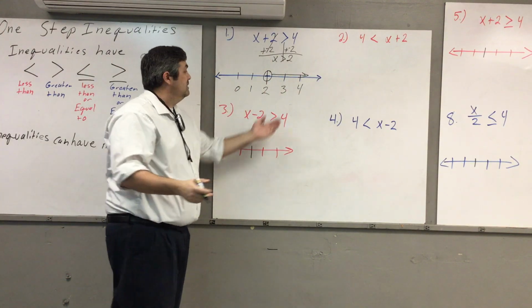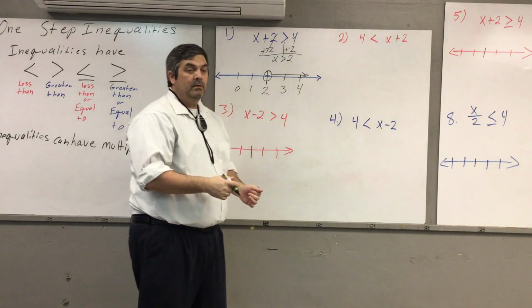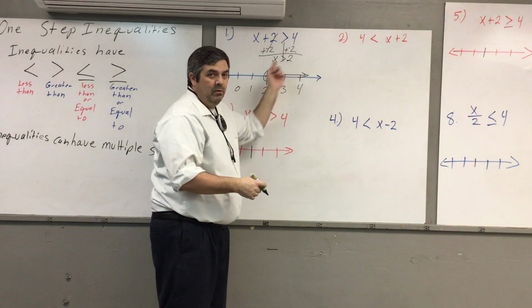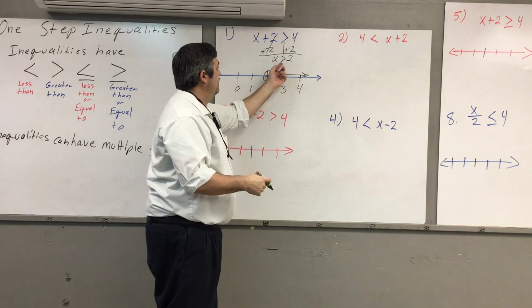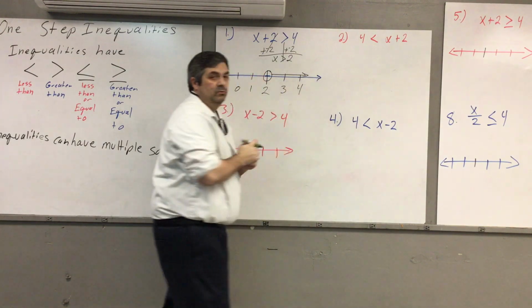And you can check it. Just put in one of these numbers, and if it's a true statement, you got a good answer. If I put 2 in there, is 2 greater than 2? No, it's equal to. But if I put 3 in there, is 3 greater than 2? Yep. So now I have this good solution here.